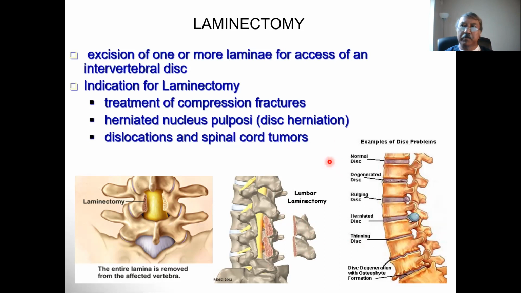We also have a problem with spinal cord tumor. Now, spinal cord tumors are mostly meningioma. They are actually produced in the meninges, mostly between the dura mater and arachnoid mater.